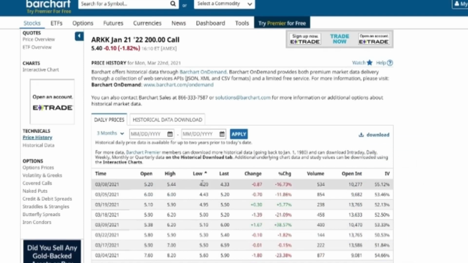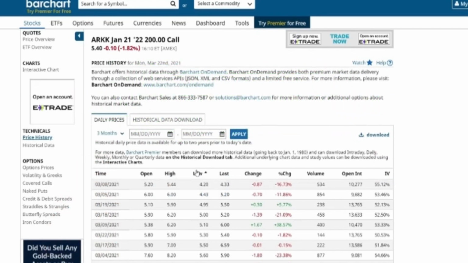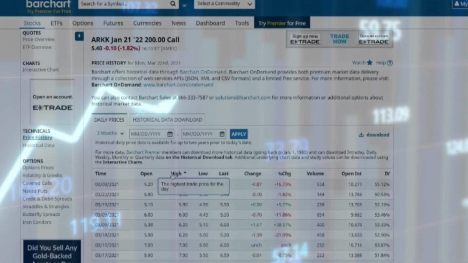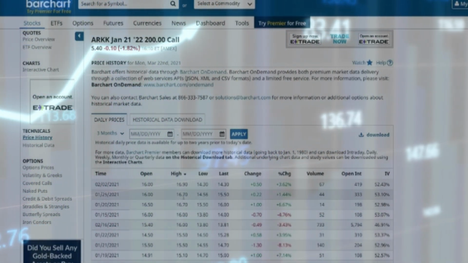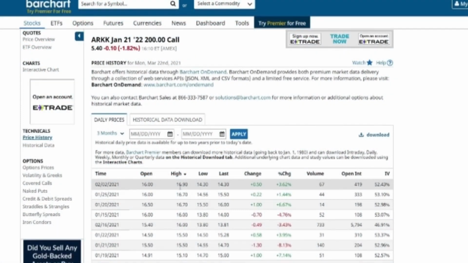So the smart thing to do is get in at the lowest price for the contract, as well as the lowest implied volatility. That way, as the price of the stock goes up, you're reaping the benefits of profit because you got in at the lowest points. So you don't have to worry about how much more it's going to dip, because you're looking to get in at the low to begin with.